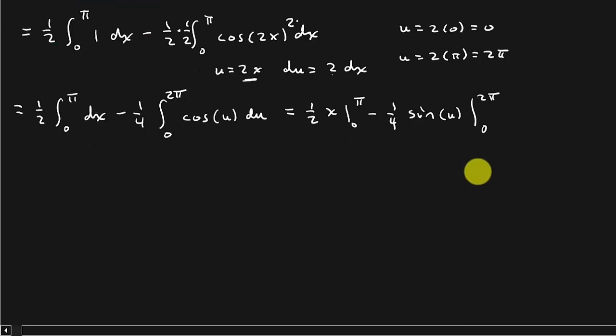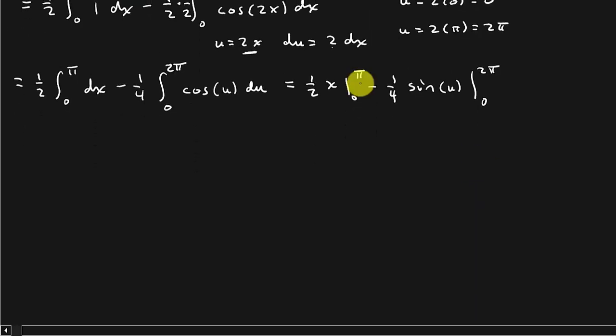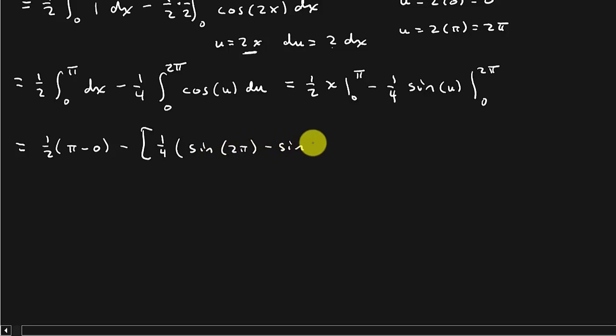See, we don't change the limits on this one because we're keeping it in terms of x. And so this is going to be 1/2 times pi minus 0, minus 1/4 times sine of 2 pi minus sine of 0.